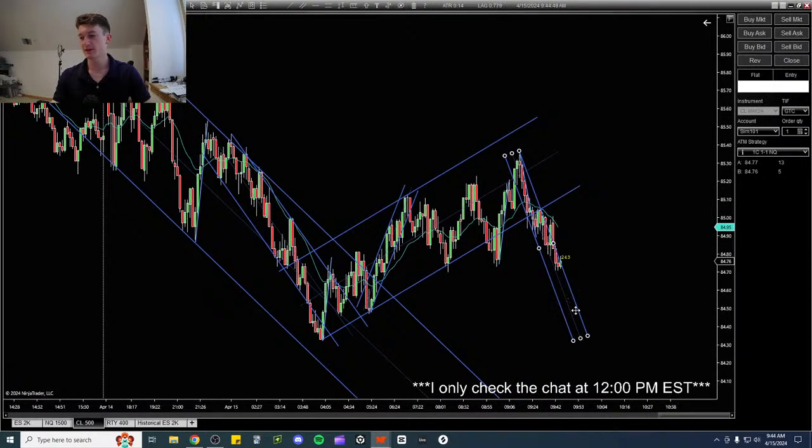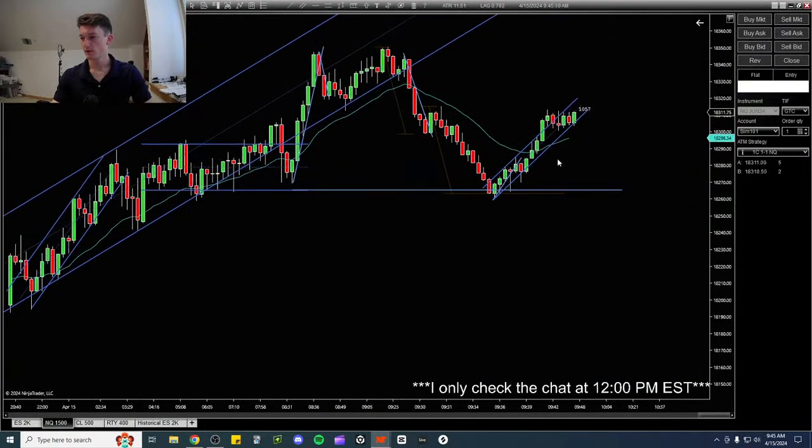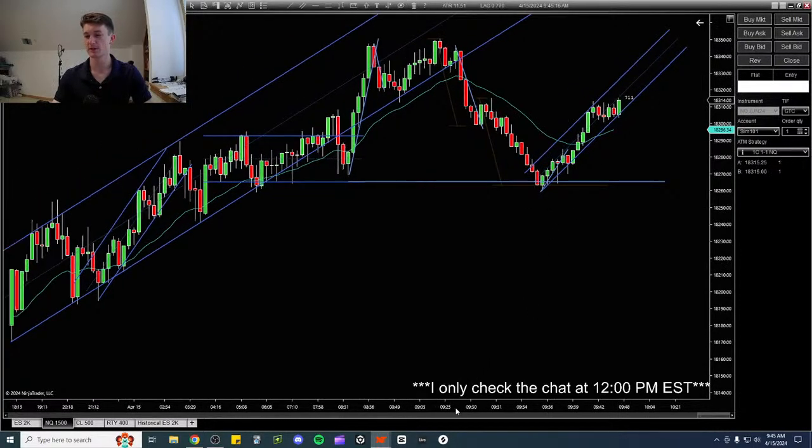On the CL, this downtrend could even be a little bit wider. Could be something like this. Just have to see if that continues to hold. On the NQ, I'm looking at some sort of uptrend like this.